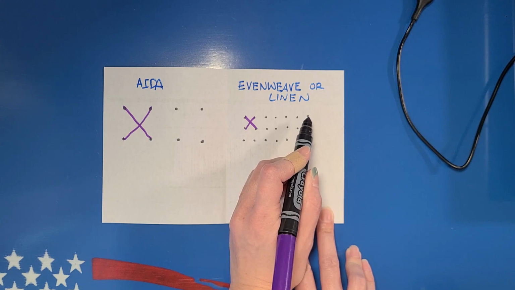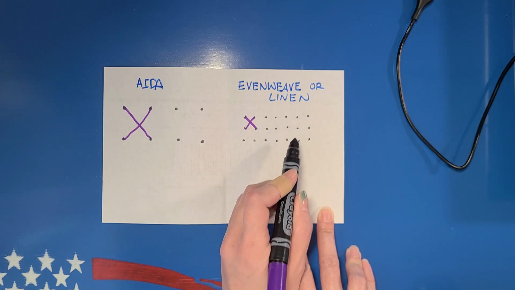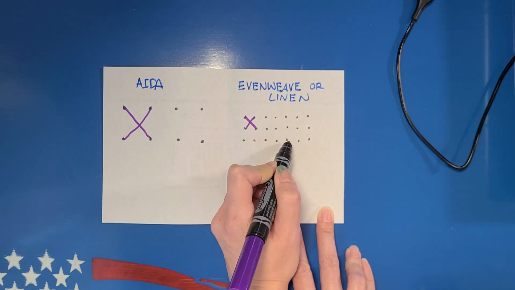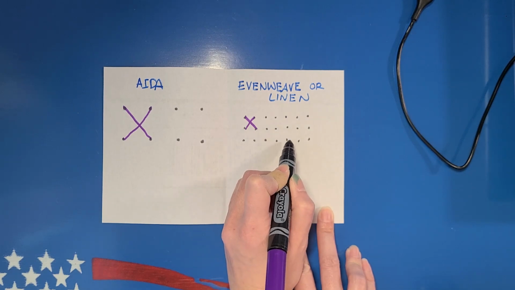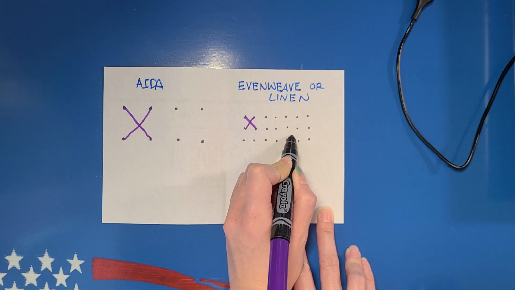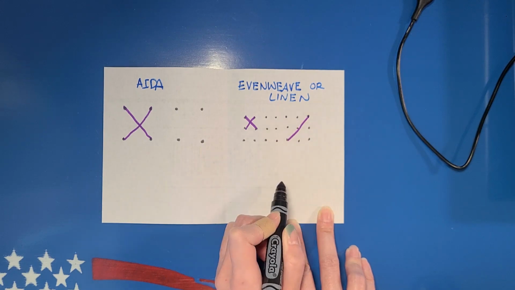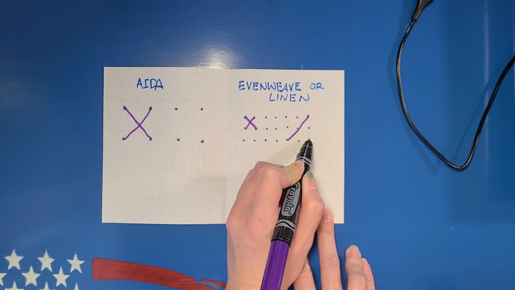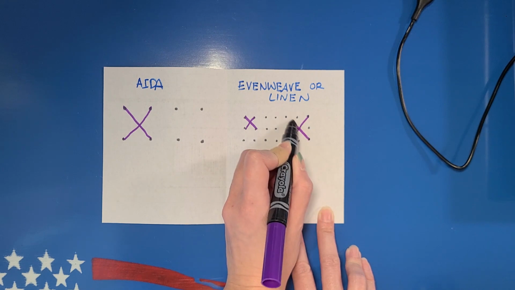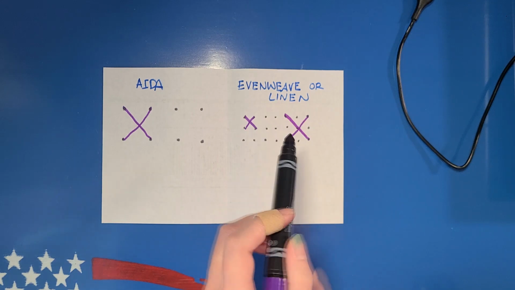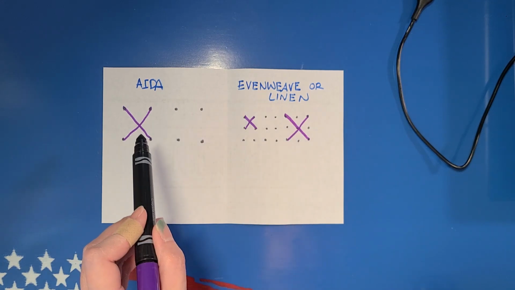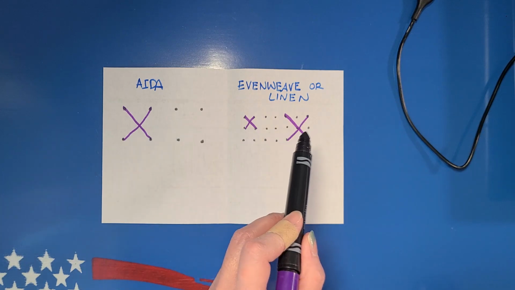That's the top of your stitch. So you'd go from here, so the bottom left, and you'd go all the way up to the top there. And then when you come down, you go from this bottom right all the way to that top. And then you see how the X's are the same as the Aida if you do over 2.